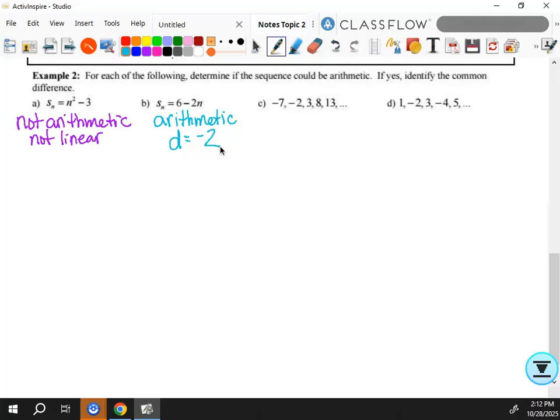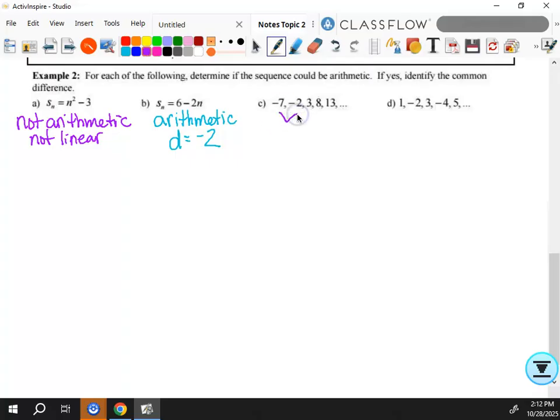Everybody good so far? Now, on the next ones, we have to actually see if we have a common difference. What has been a big hurdle for way too many of you when we have data like this is that way too many of you have problems adding and subtracting positive and negative integers. And that's not anything I can help you with anymore. I don't know what to tell you. You have to be able to add and subtract or you can't get the right answers. So I got to subtract second minus first.